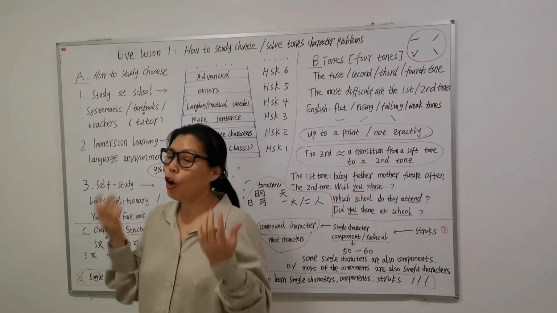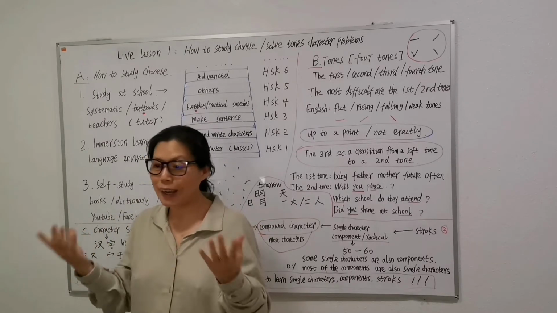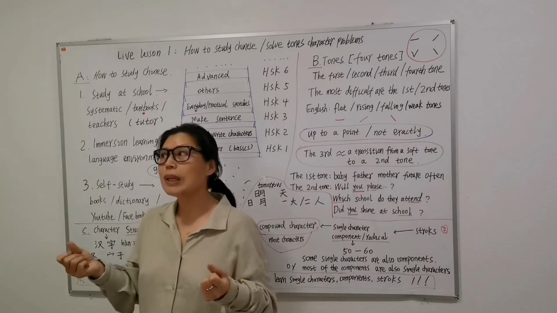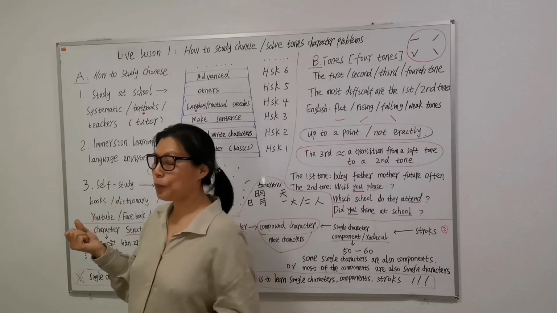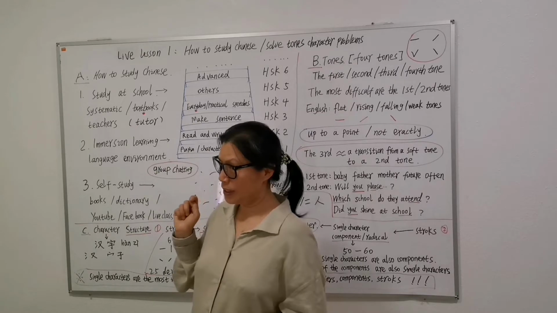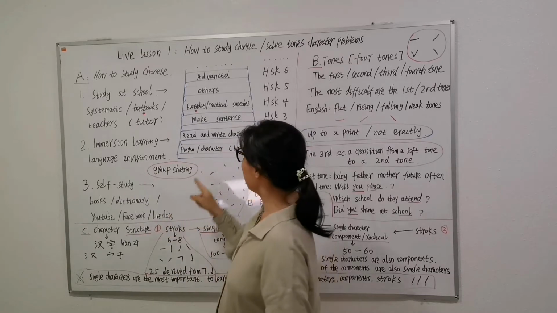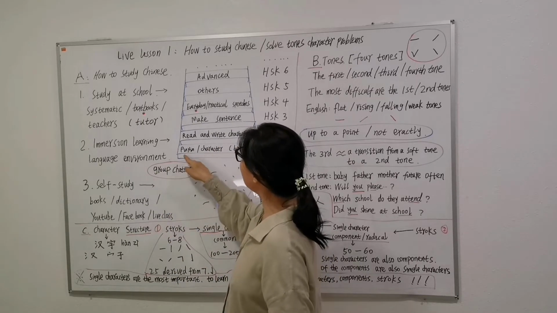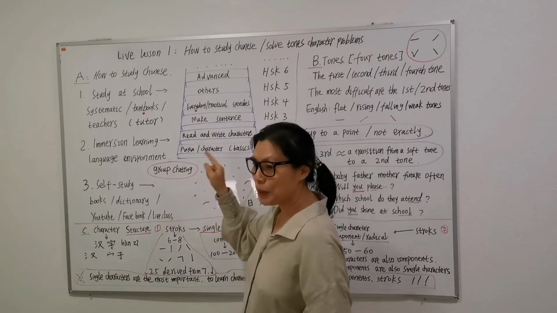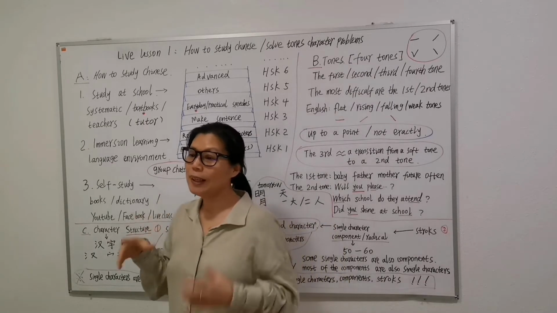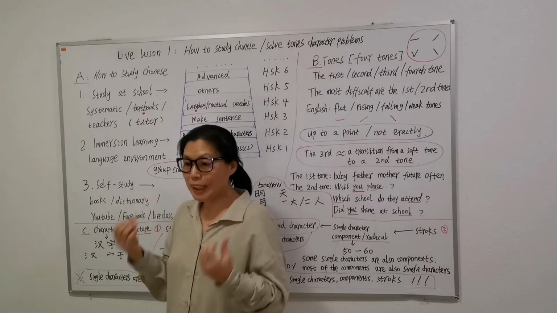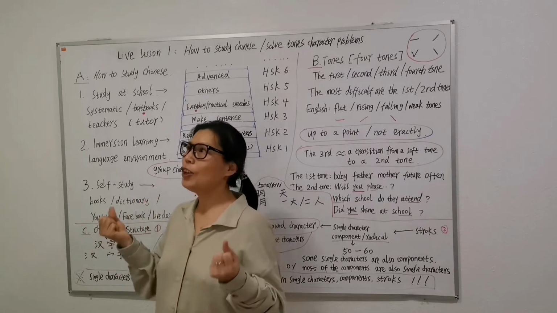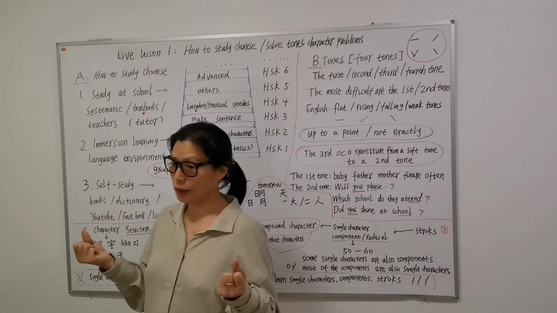It's the common rule of learning any language. The same goes for learning Chinese. Learning Chinese, first, the basics is learning pinyin and characters. Pinyin includes letters, initials, finals, and tones.